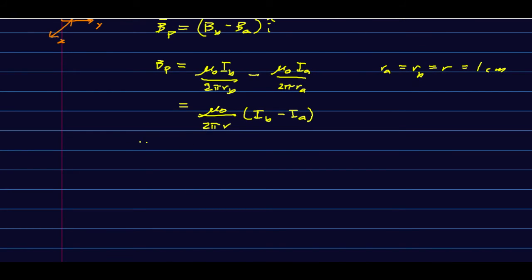Okay, well, you might want to use 1.26 times 10 to the negative 6 for mu naught, but look, there's this 2 pi down here, so it's actually going to turn out nicely if I use the exact value of mu naught.